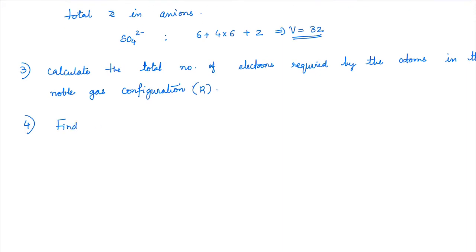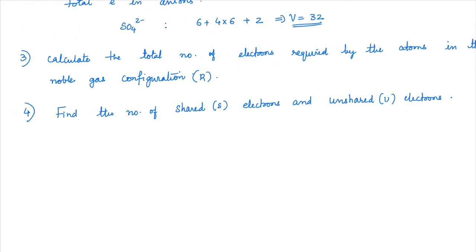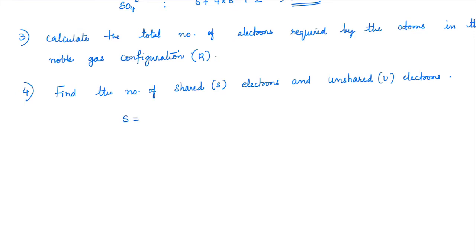Okay, next find the number of shared electrons, which I call S, and unshared electrons, which I call U. So the relation you will find is S, shared electrons, will be equal to R minus V. V is the total valence electrons, R is the total number of electrons required for atoms to complete their octet, and U will be equal to V minus S. Okay, this is what you will observe.